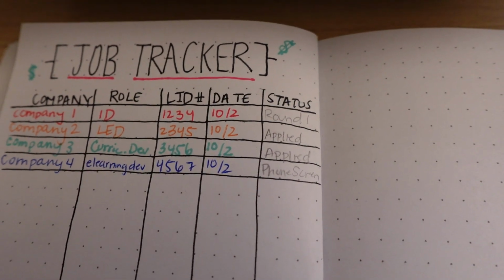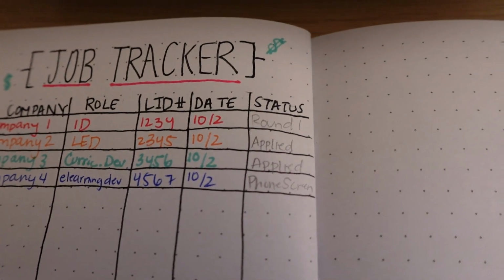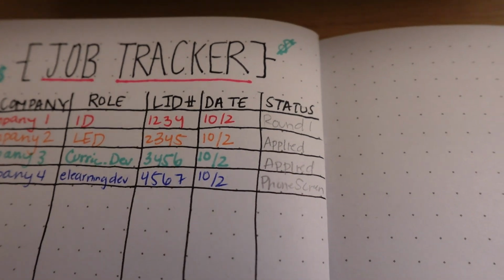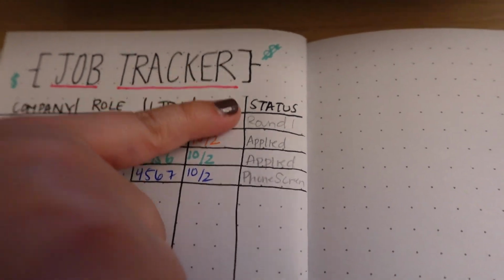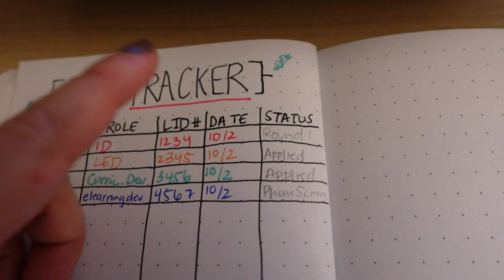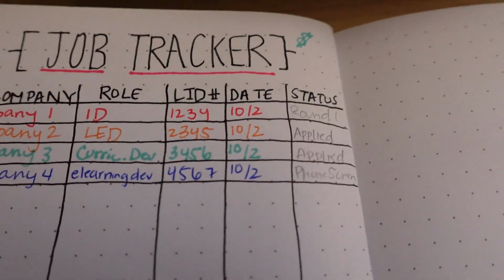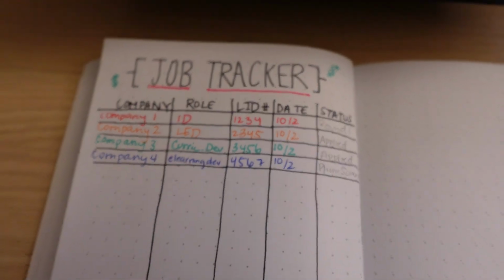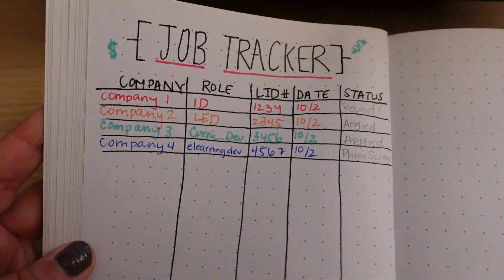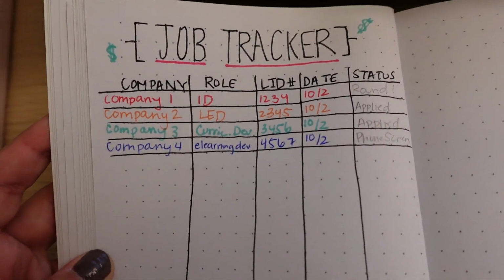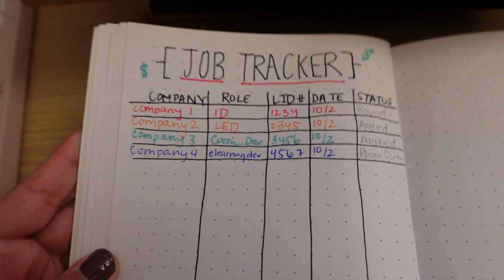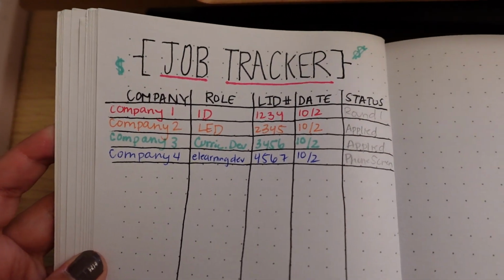I like to put that in pencil because then I can just erase as I keep moving through the different stages. So maybe originally I put applied, then I moved it to round 1, and then I erased and I'll put it to round 2. So just play around with it, make it fun, because the job application process is kind of stressful, and might as well make it fun, right?